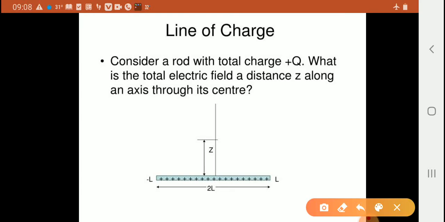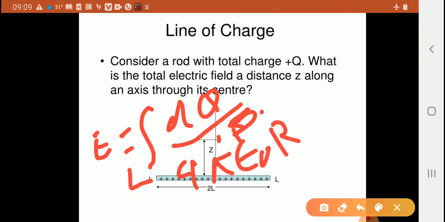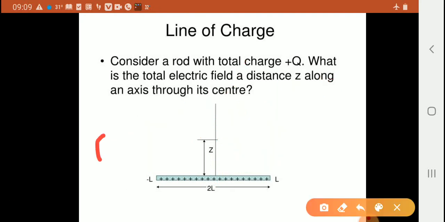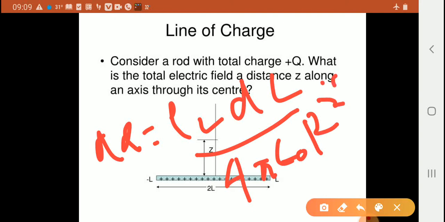The electrical field at any point, this point is P, is obtained as E equals the integral over the line charge of dq upon 4 pi epsilon 0 r square times the unit vector ar. Putting the value of dq equal to rho L dl, we get the integral of rho L dl upon 4 pi epsilon 0 r square times the unit vector ar.